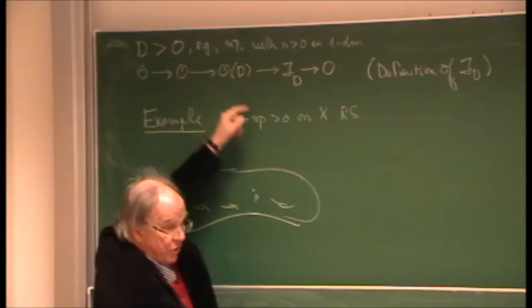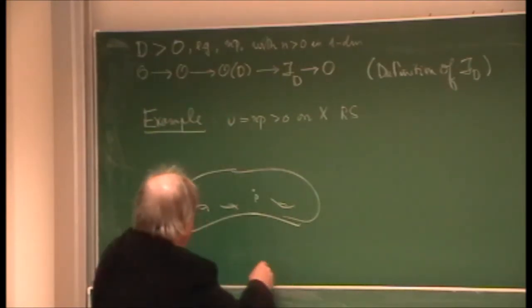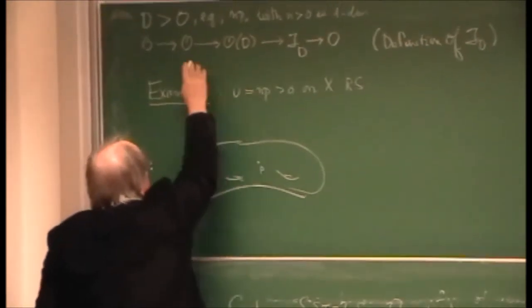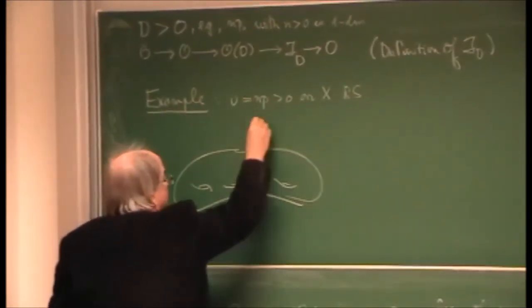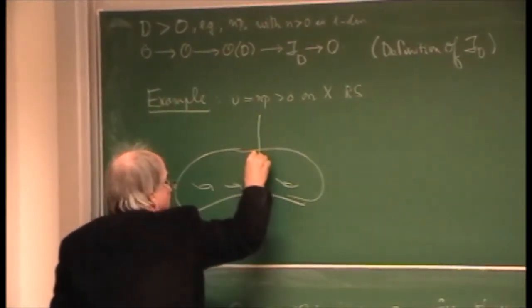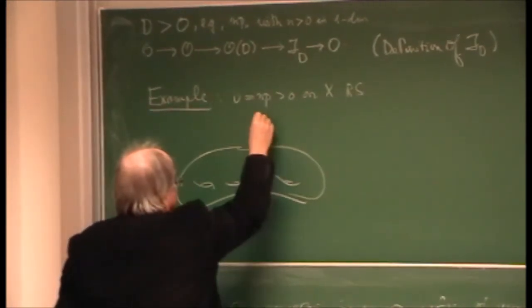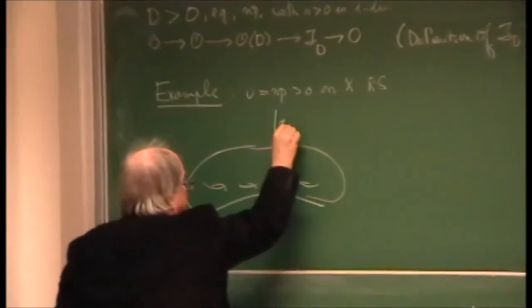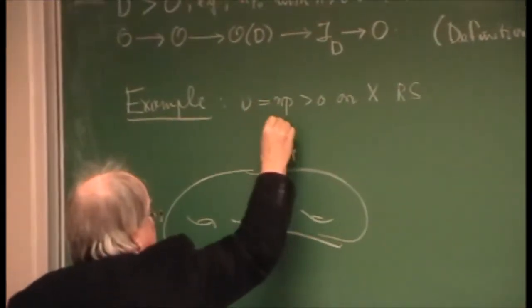If you take an open set outside of P, it is an isomorphism, so at the stalk level you kill all the stalks except P. But over P, it's not an isomorphism, and the stalk of this quotient sheaf is positive dimensional.